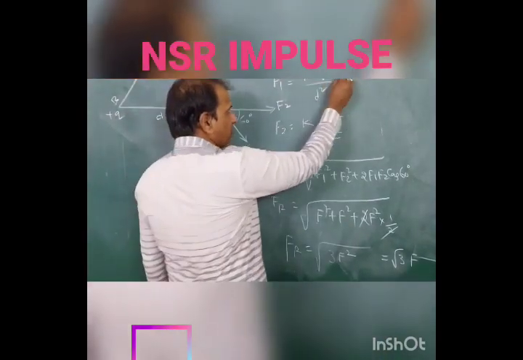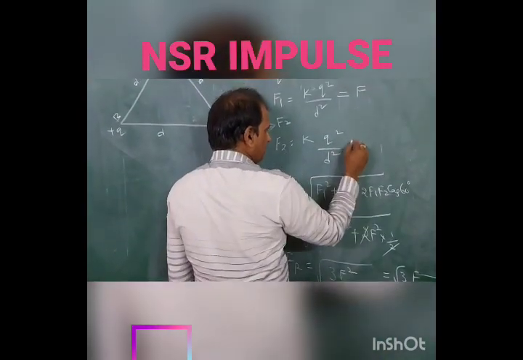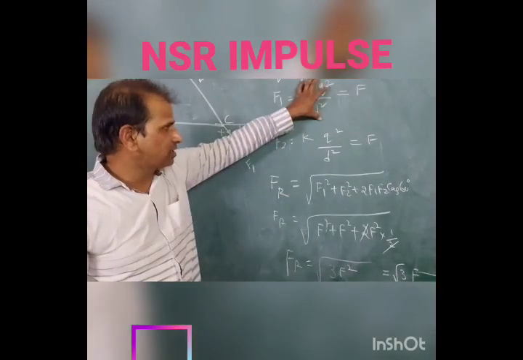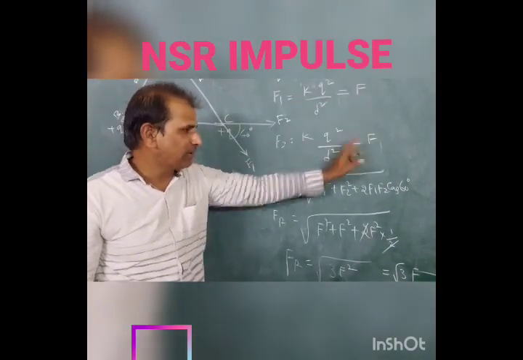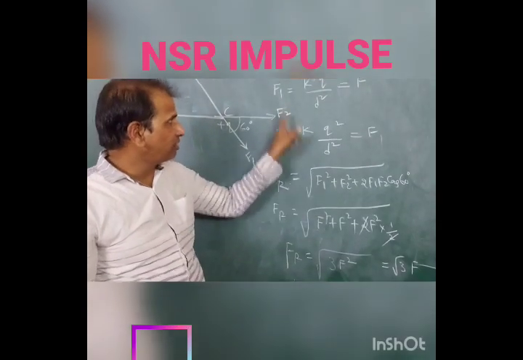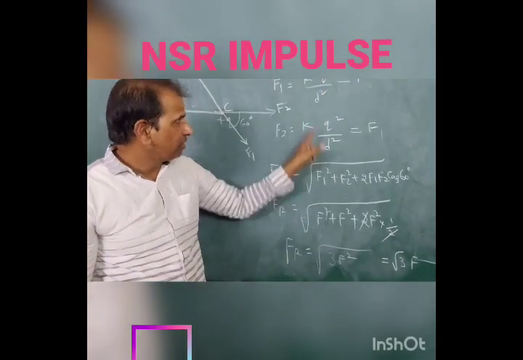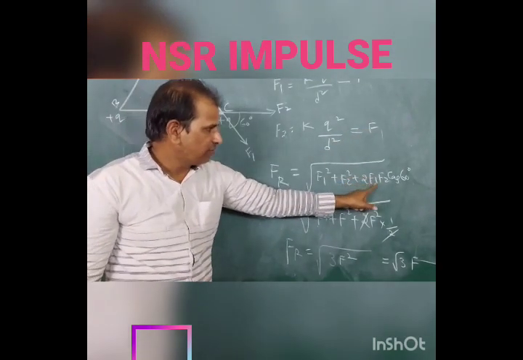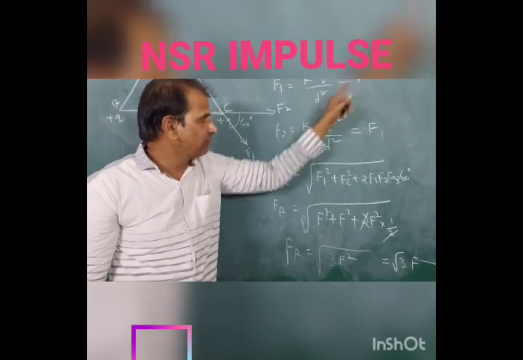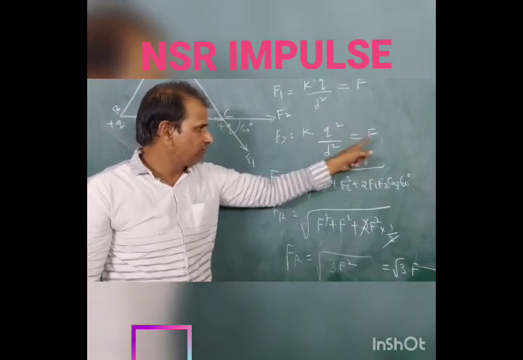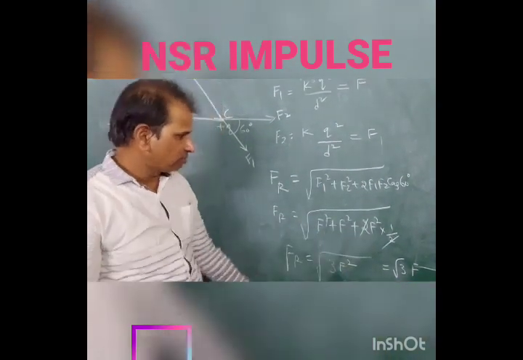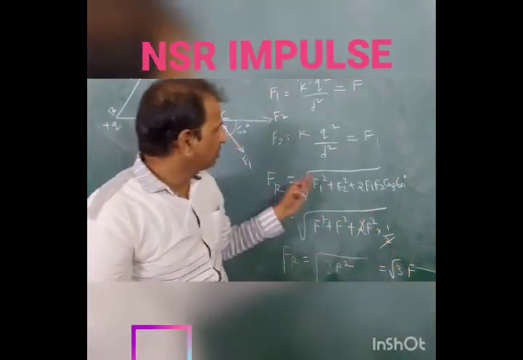So you can write F1 is equal to F and F2 is equal to F. Because the two forces have the same value, we are representing them with F. That's why F1 is replaced with F, and F2 is also replaced with F. So finally that answer is root 3 F. Root 3 F, you know what F is?